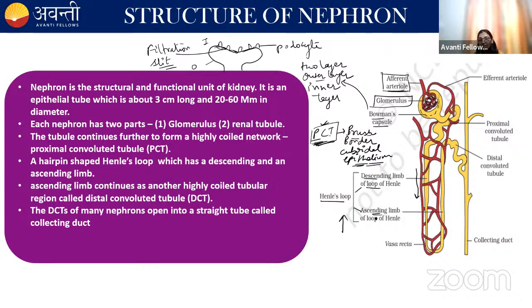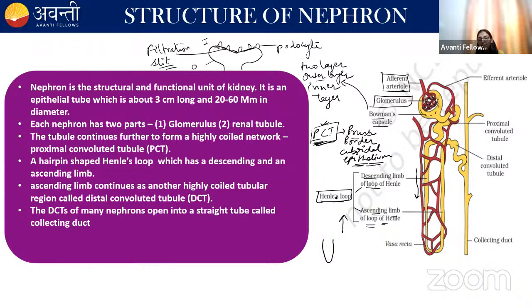Remember this. Similarly, the ascending limb of the loop of Henle consists of a thick and a thin part. The thick is lined by cuboidal epithelium and the thin is lined by squamous epithelium. The loop of Henle forms a hairpin-like structure, like this.